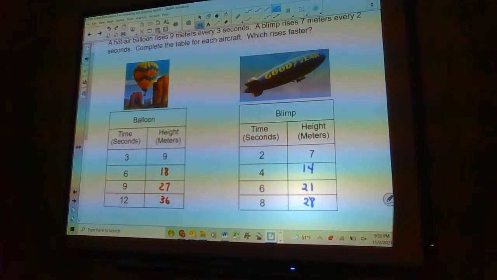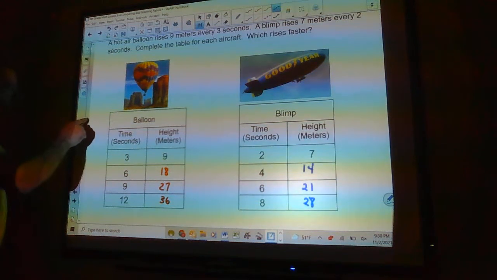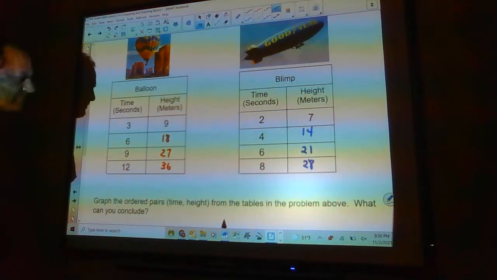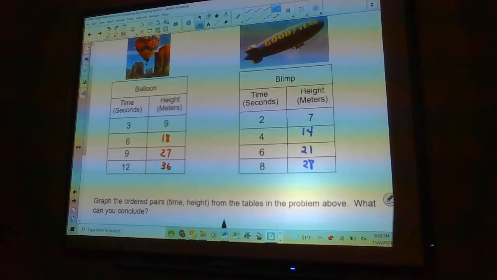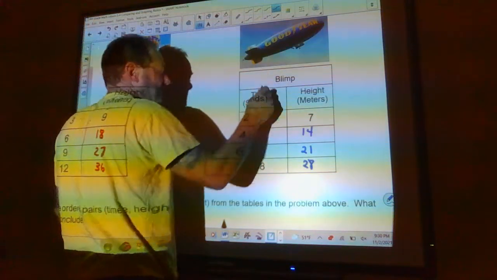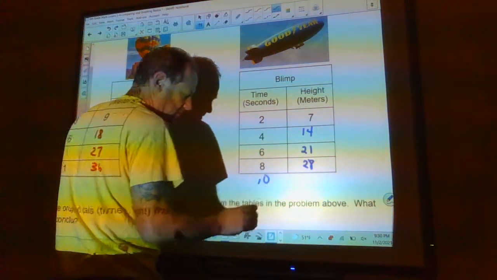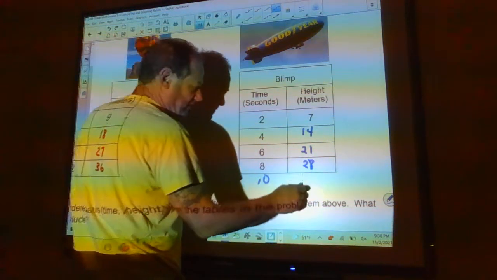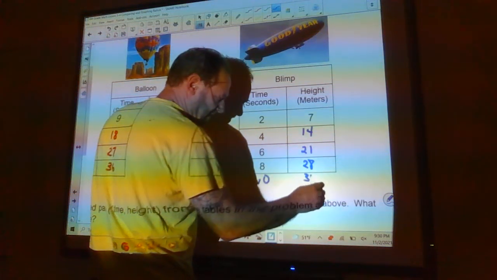Okay, so which one rises faster? Well, let's see. Do we have a clear winner here? If we went a little bit further with this one, let's say we went 10 seconds, that would be another 7 meters, so that would be 35.